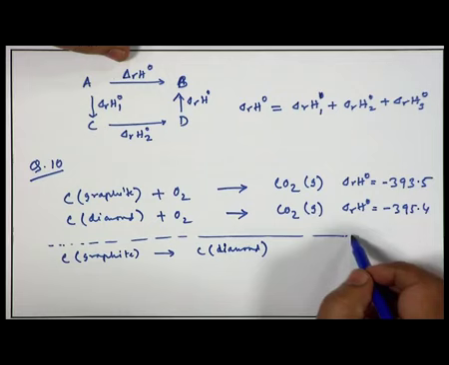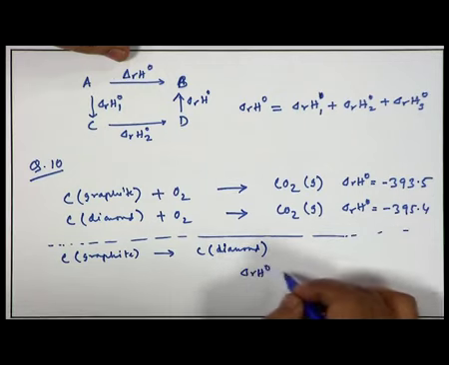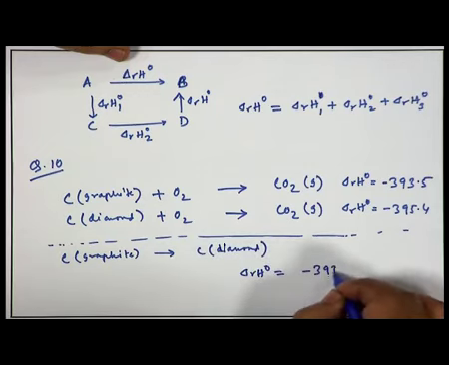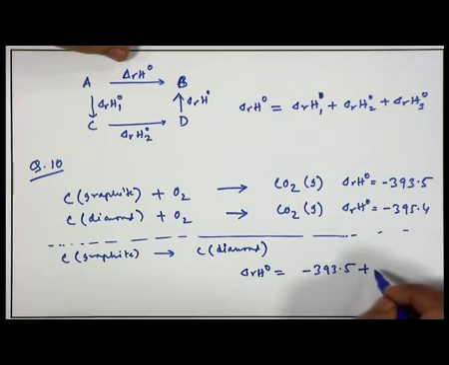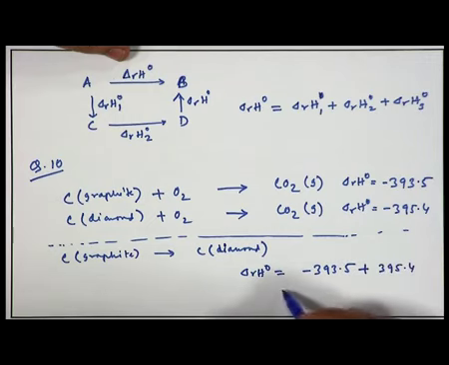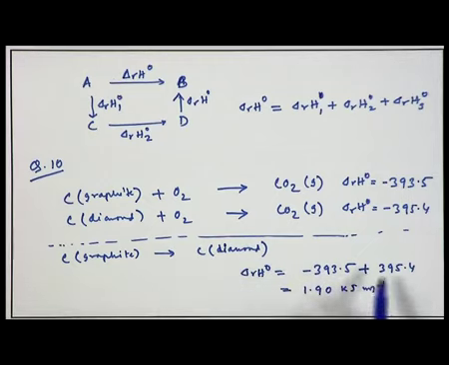The delta H for this particular reaction would be minus 393.5 and we add the reverse one, so basically 395.4, which will turn out to be 1.90 kilojoule per mole.